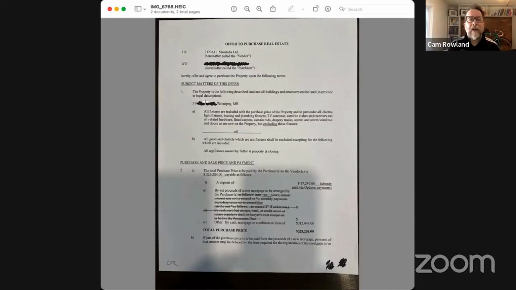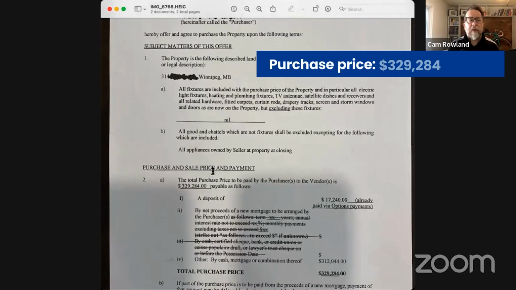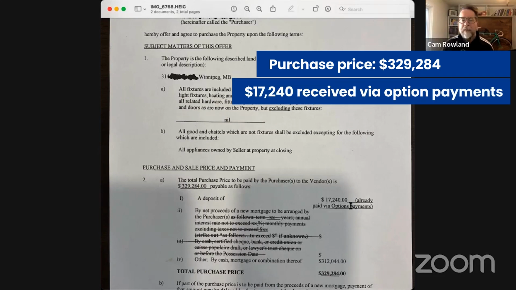But you can see here that the purchase price on this one was $329,284, and I received $17,240 from them via option payments, right? So on the other one where I showed $100, that was just a $100 check. That might have been a check for $1,000 or $10,000, doesn't really matter. It showed that money coming in.